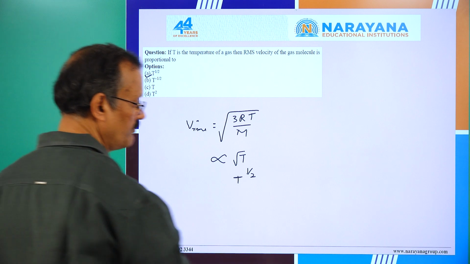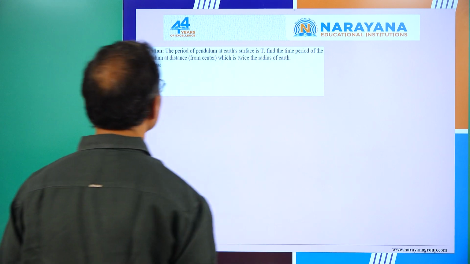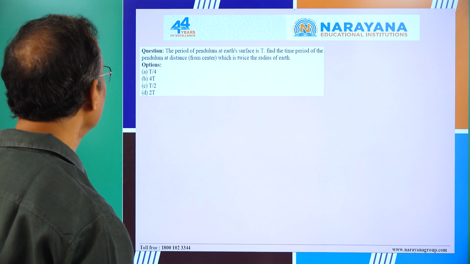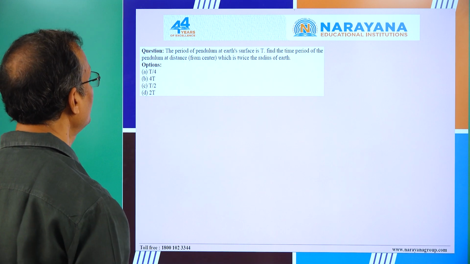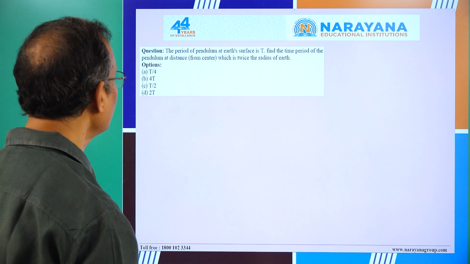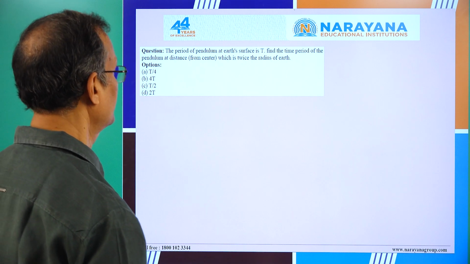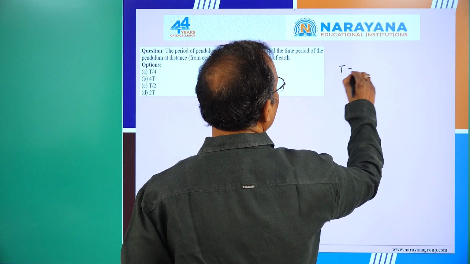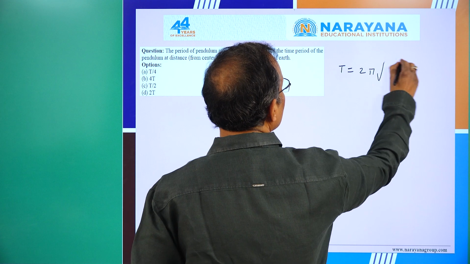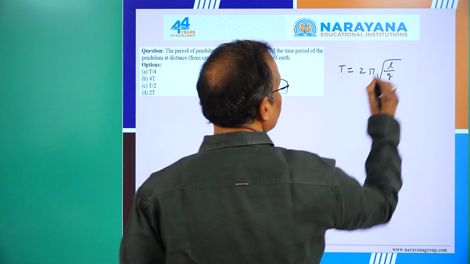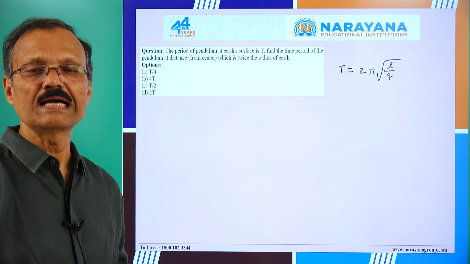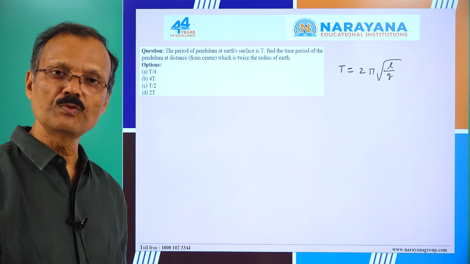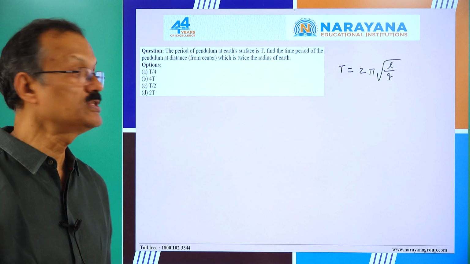Now, let us move to next question. The period of pendulum at Earth's surface is T. Find the time period of pendulum at a distance which is twice the radius of Earth. On the surface of Earth, T for a simple pendulum is 2 pi under root L by g. It means that 2 pi constant, L constant. You have to concentrate only on effective value of g.